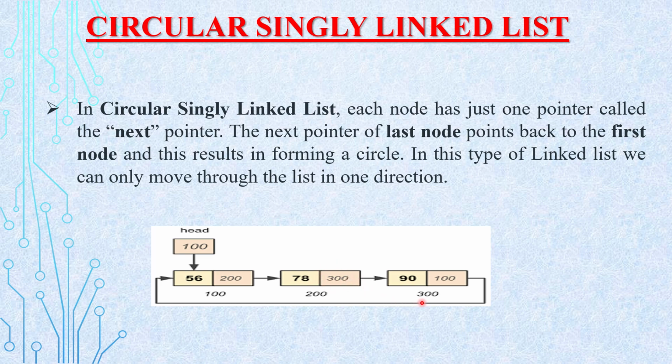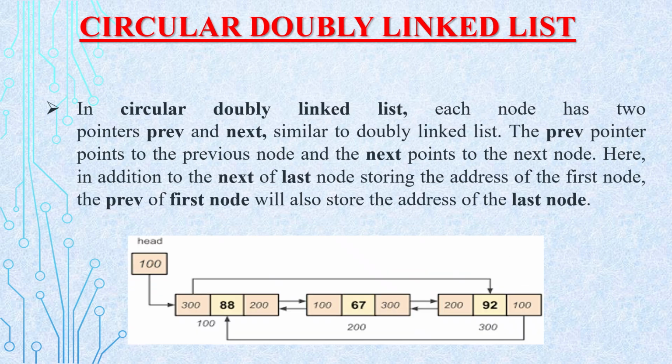It means the next address of 300 is the next node, and here the next part contains 100. It means this is the last node, and it contains the first address of the list. Circular linked list.